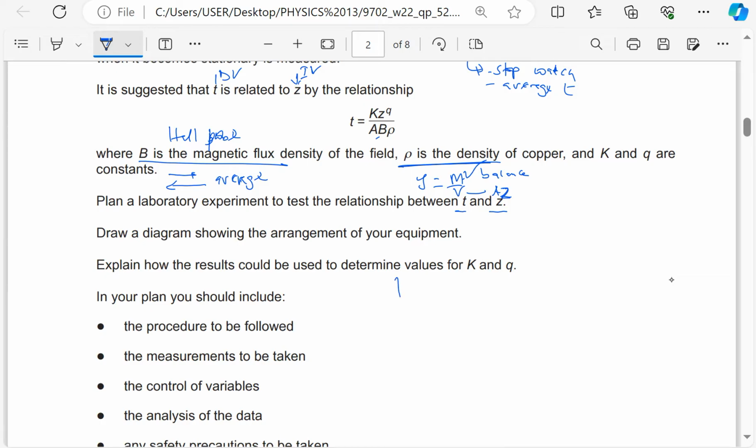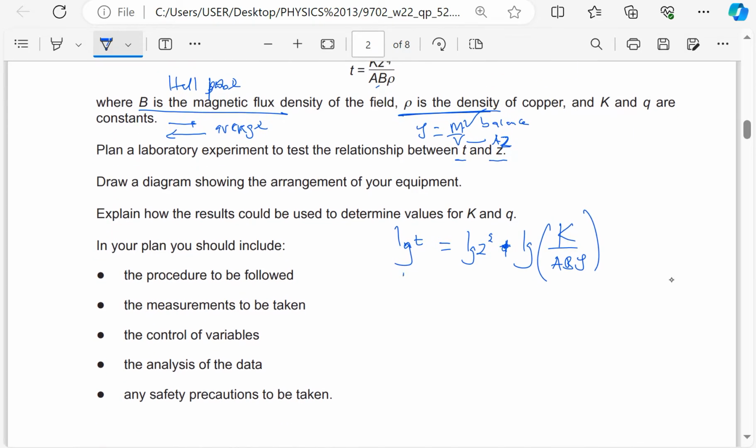I will say ln of T, or you can say log of T, is going to be equal to the log of Z to the power Q plus the log of capital K over A B times rho.